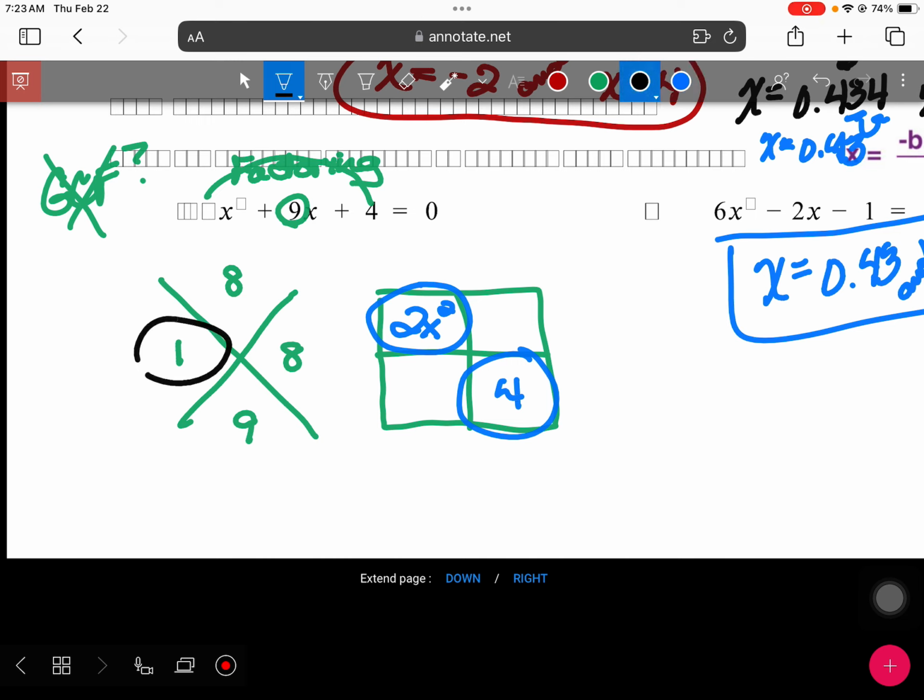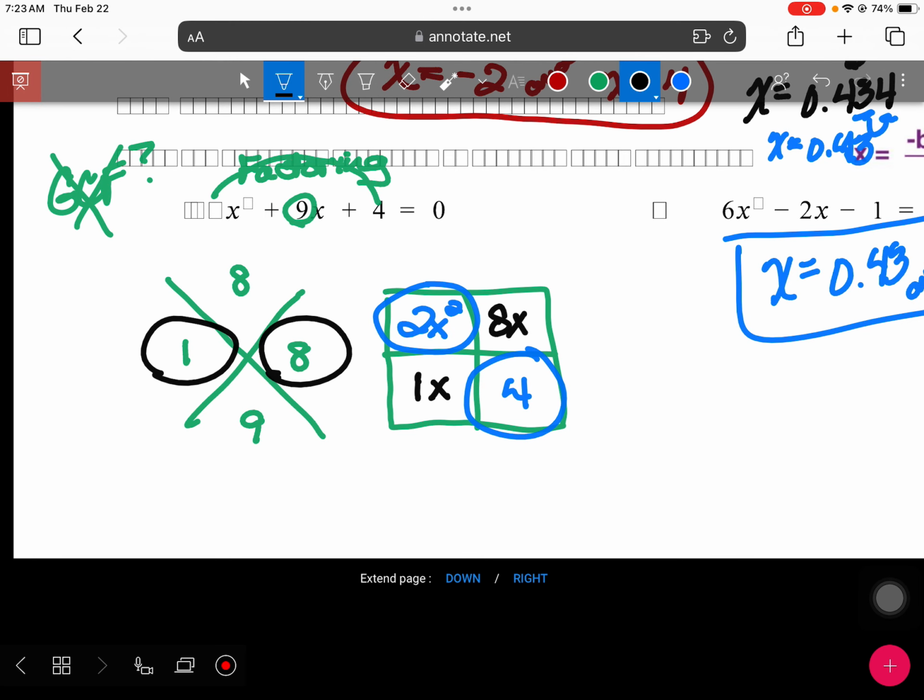And then in the other two, it doesn't matter which one's which, but if you want to be the same as me, I'm putting 1x here, and 8x there. All right, so then we need to find the greatest common factor of each row and column. So 2x squared and 8x is going to give me 2x.